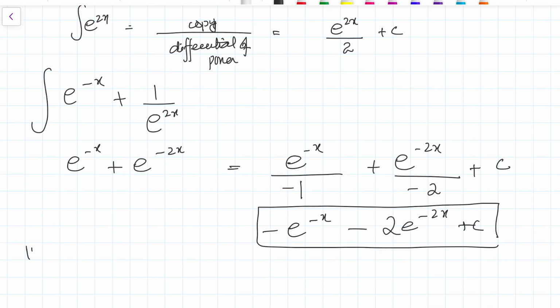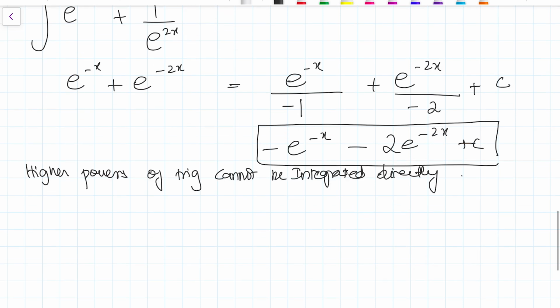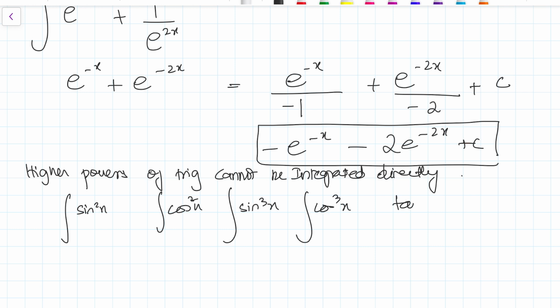Now, higher powers of trig cannot be integrated directly. And I will discuss these concepts under integration by trigonometric identities. So if you have sine square x, cos square x, sine cube x, cos cube x, tan square x, you cannot integrate them directly.